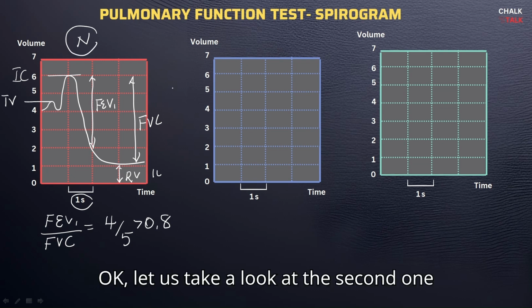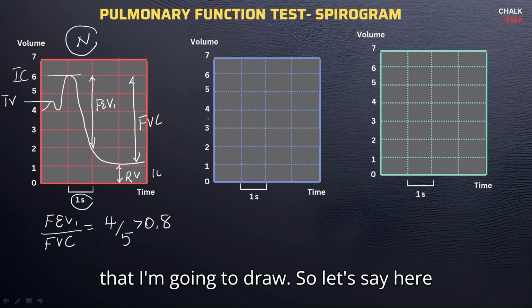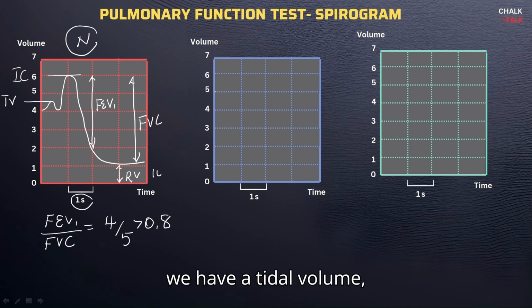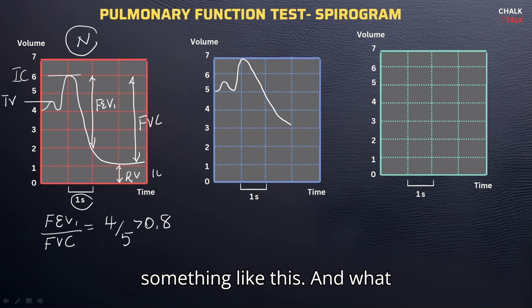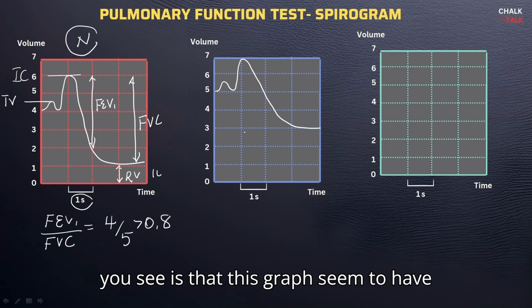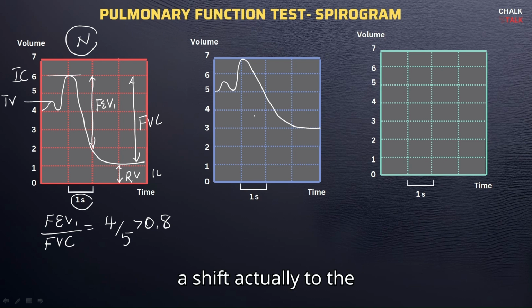Okay, let us take a look at the second one that I'm going to draw. So let's say here we have a tidal volume, right? And then something like this. Then what you see is that this graph seems to have a shift actually to the left.